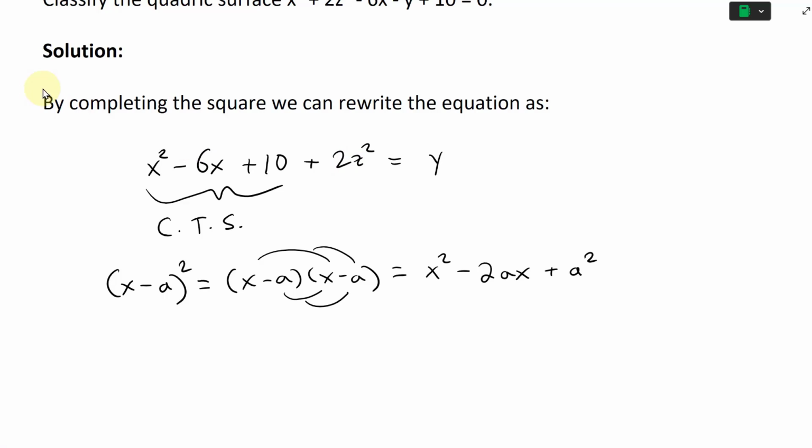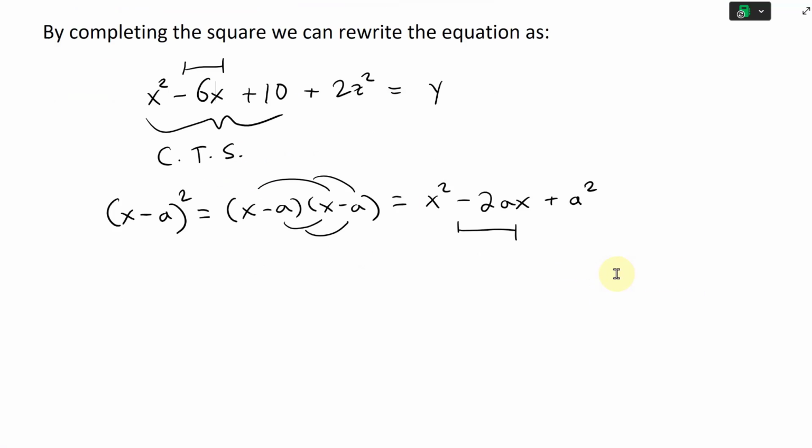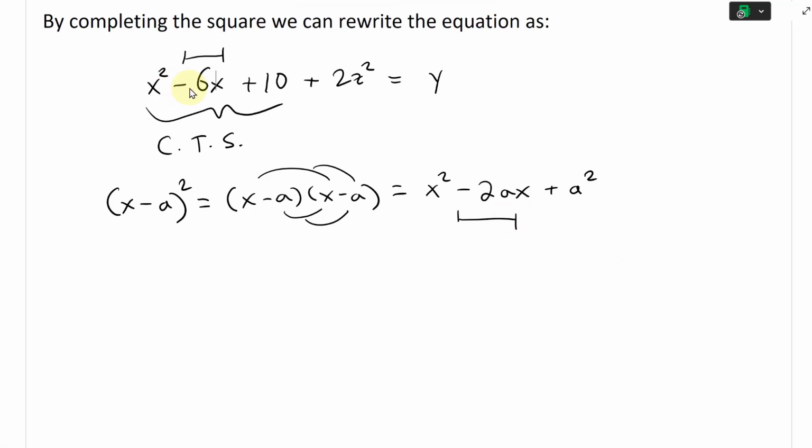Now if we compare it with this part right here, negative 2a has to equal this part. Because if we have x squared minus 6x, and then this a squared, we can manipulate this to get that. But this is the key one. So negative 6 has to equal negative 2a.